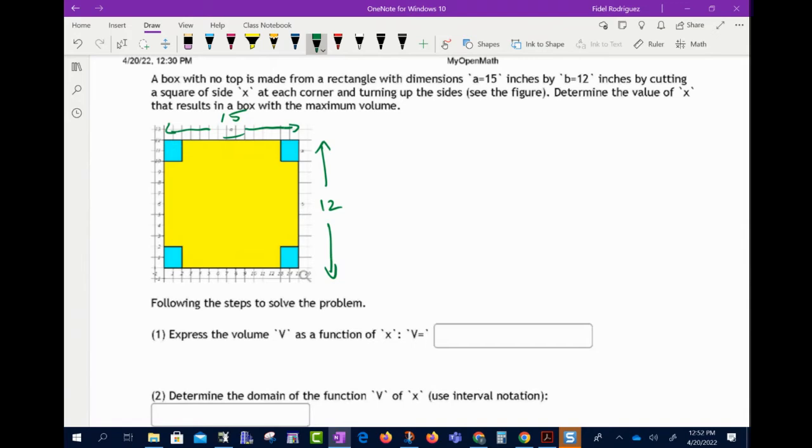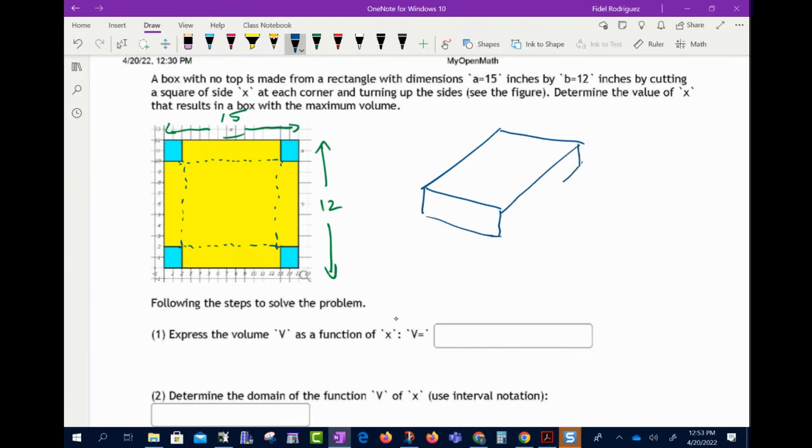Okay, so what we're trying to do here, y'all, is fold our box along this line, and that line, and that line as well, so that we end up with an open top box that looks something like this. So there we go. Okay, there's our box.